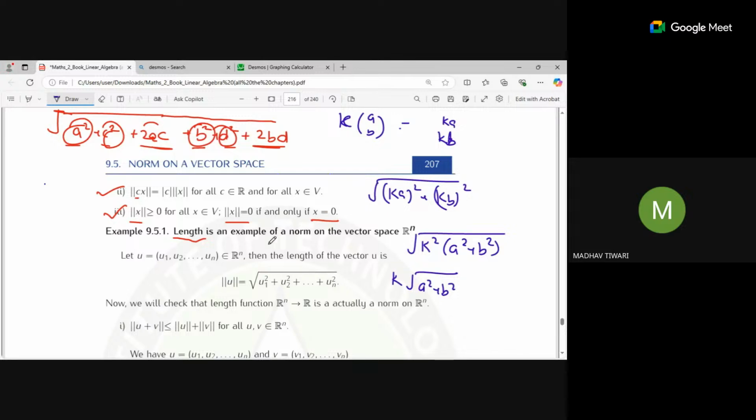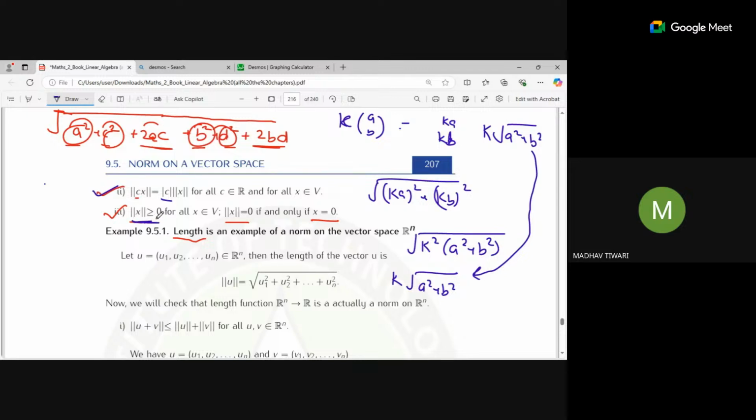So this is this. And if you find out the length firstly, it will be nothing but the square root of A square plus B square, and then you multiply it by the constant K. So it is matching with this, you can see, right? So this property is also satisfied.